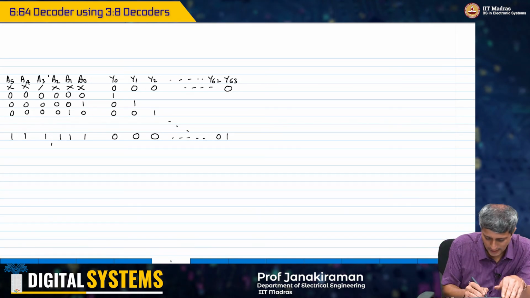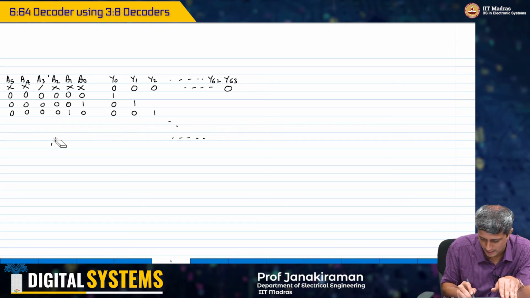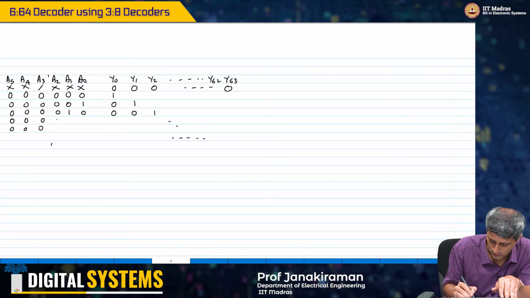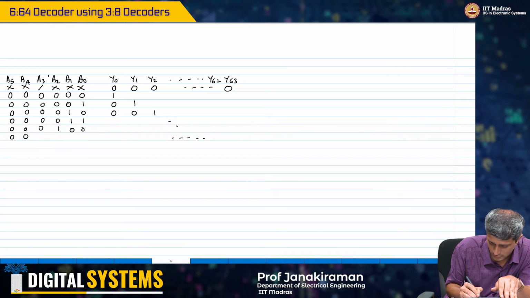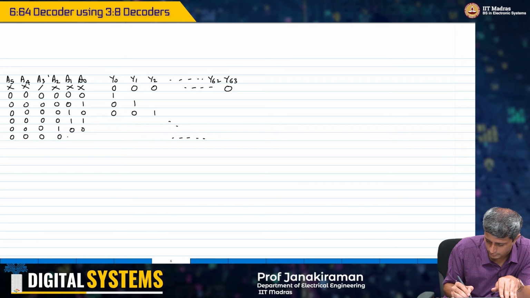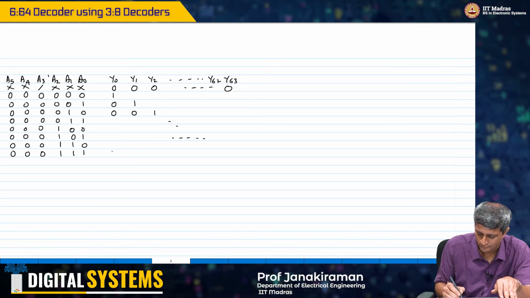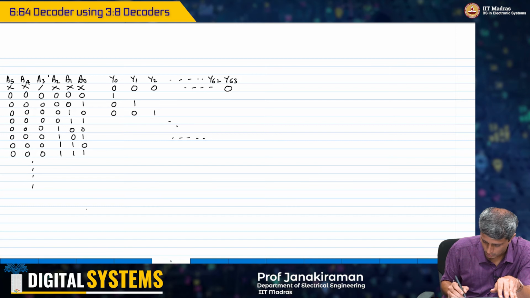So if you look at the first 8 combinations, let me rewrite that alone: 0 0 0, 0 0 1, 0 1 0, 0 1 1, 1 0 0, 1 0 1, 1 1 0, 1 1 1.